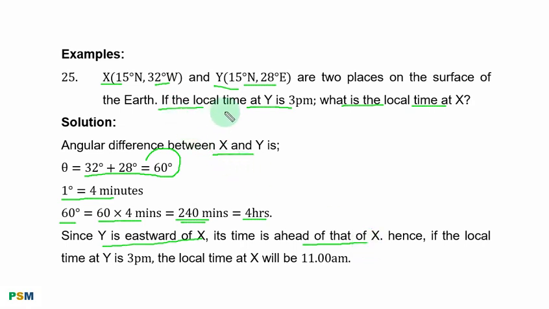Now, the local time at Y is 3 p.m. and the time at Y is ahead of that at S. So you are to move backward 4 hours in order to get the local time at S. And when you do that, the local time at S will be 11 a.m., because the time at Y is ahead, 3 p.m. So you go backward by 4 hours, the time difference between the two places.